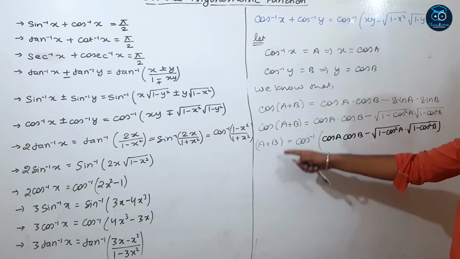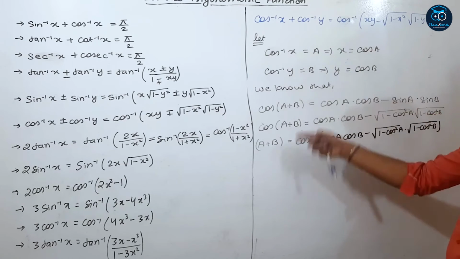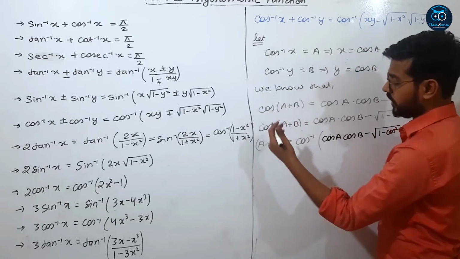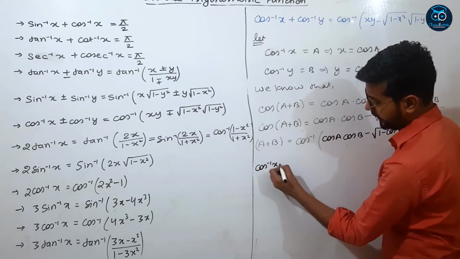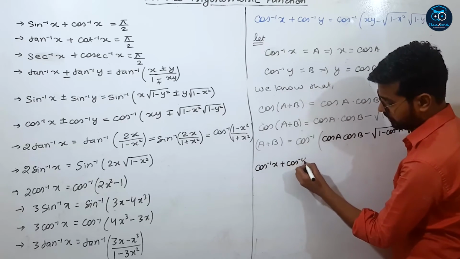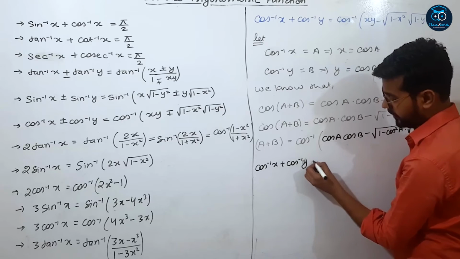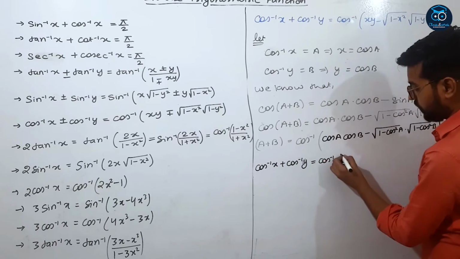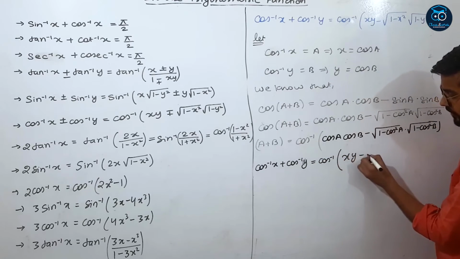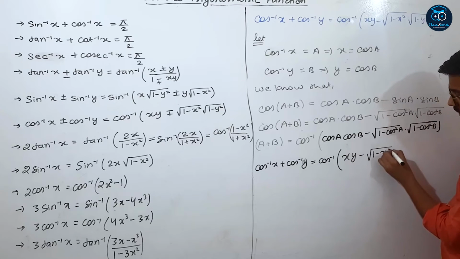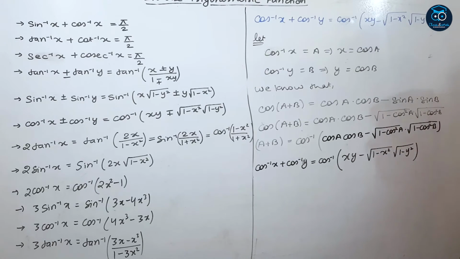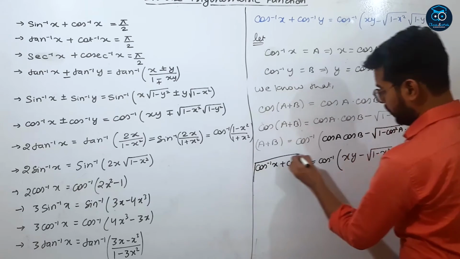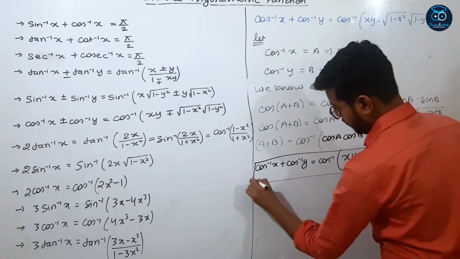If we substitute all the values from this assumed data, we get cos inverse x plus cos inverse y equals cos inverse of xy minus root of 1 minus x square into 1 minus y square. This is our required equation of the cos function.